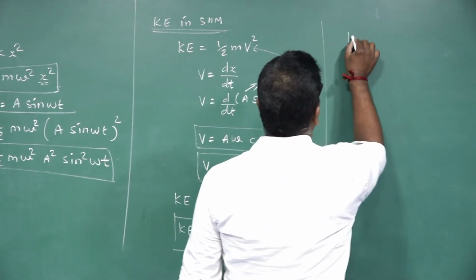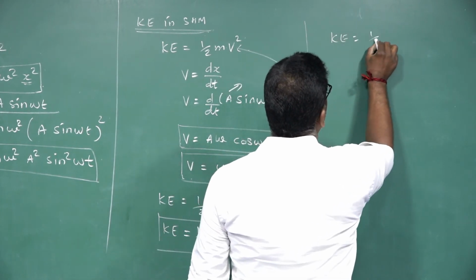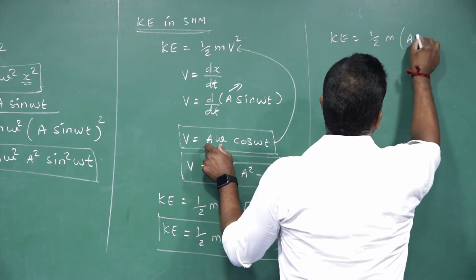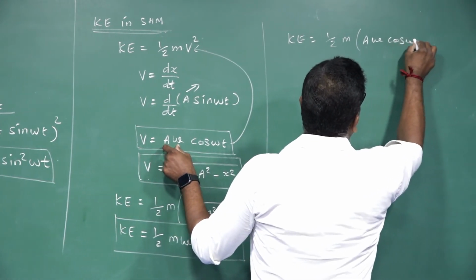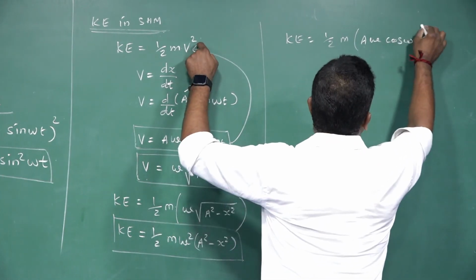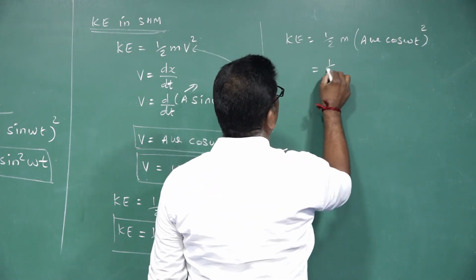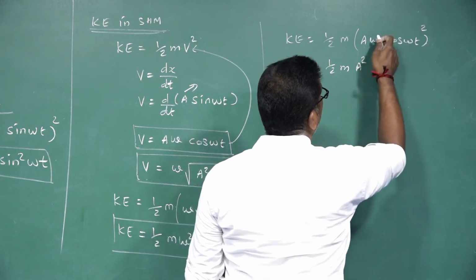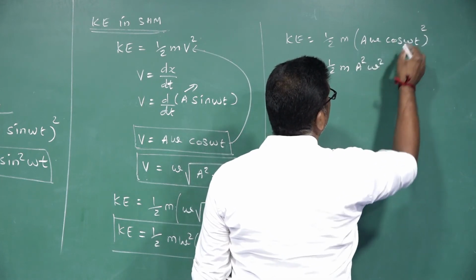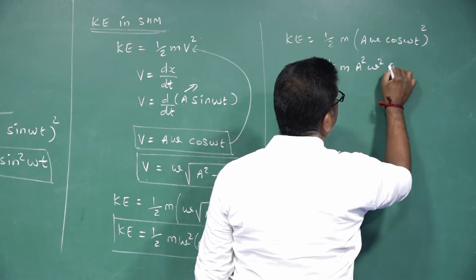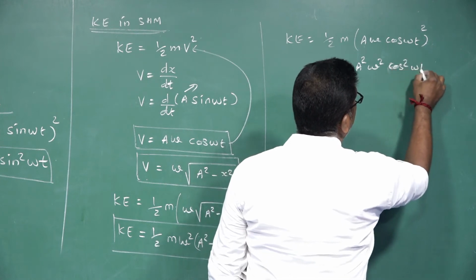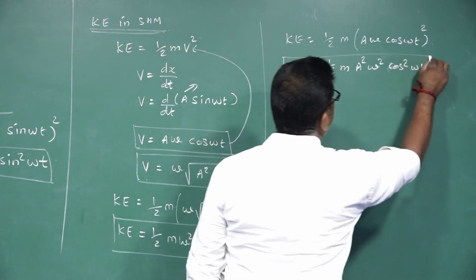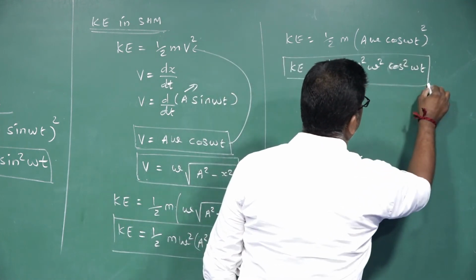That is, kinetic energy is equal to half m, instead of v, a omega cos omega t, the whole square. Therefore, half m a square omega square into cos square omega t. So this is the kinetic energy expression in terms of time period.